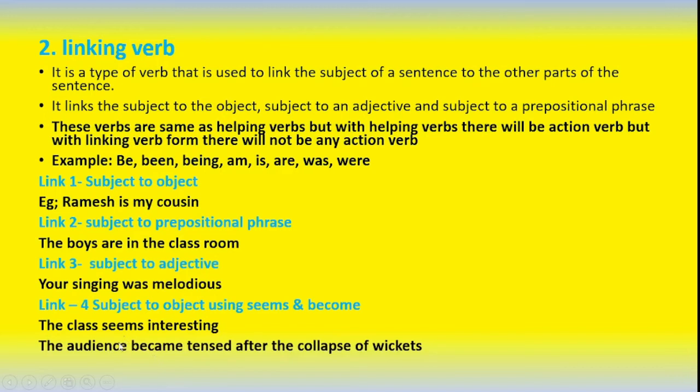Audience became is a linking verb which links the audience and the other part of the sentence. So this is the work of a linking verb. So understand how it can link: subject to object, subject to adjective, subject to prepositional phrase, and subject to object using seems and become.